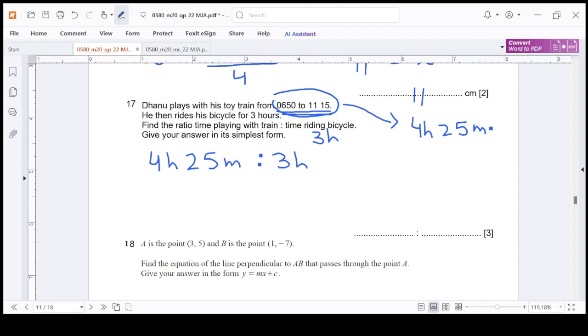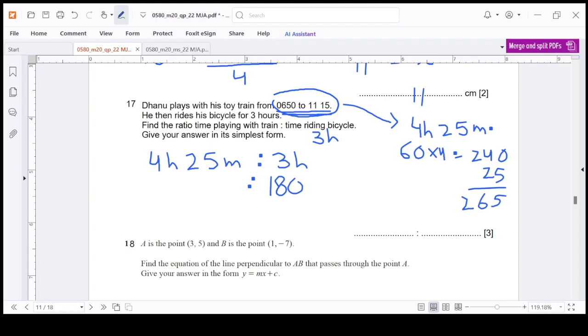I'm going to change all of these into minutes so that I can cancel both sides. So 3 hours would be 60 plus 60 plus 60, 180 minutes. And 4 hours 25 minutes would be 60 times 4 is 240, and then plus 25 is going to be 265.